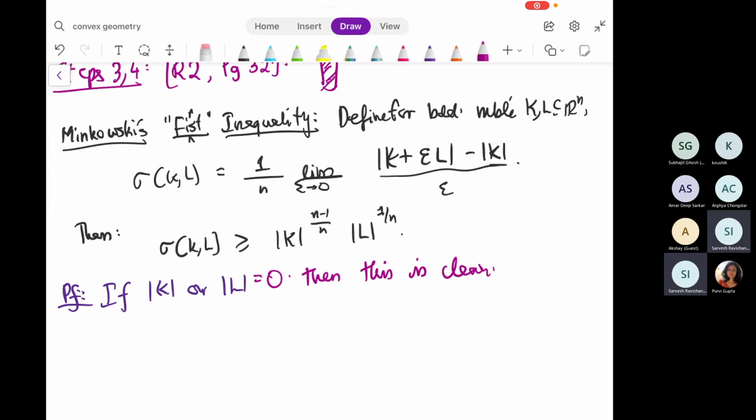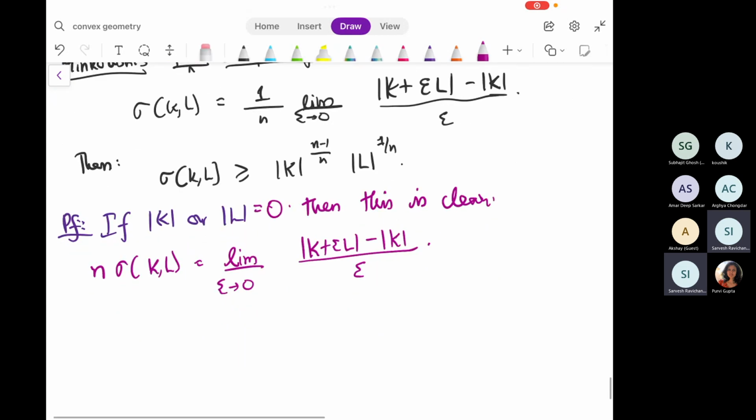Right. Once we do that, let us look back at this definition of sigma KL and let us take the n in the sigma KL to the other side. So write n sigma of K comma L as the lim as epsilon tends to 0 of the area of K plus epsilon L minus the area of K, divided by epsilon. What we're going to do here is perform a re-indexing.